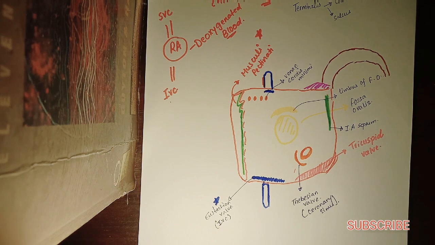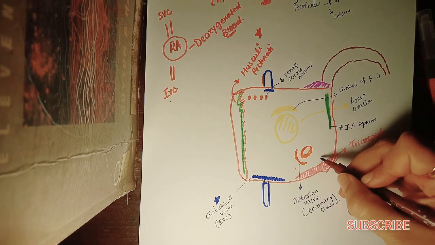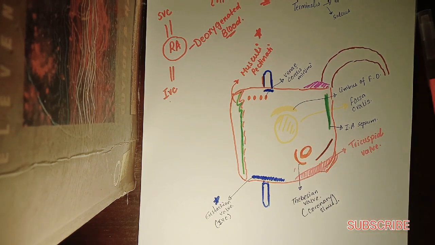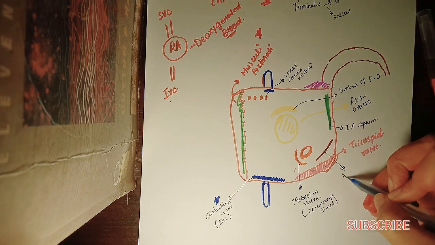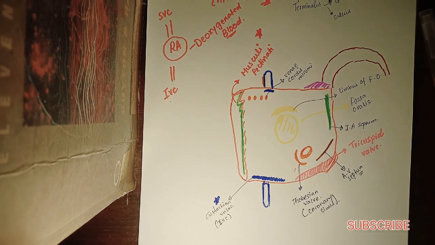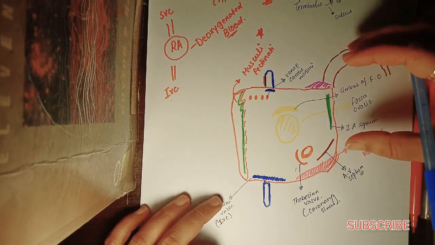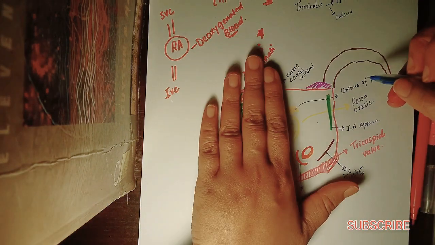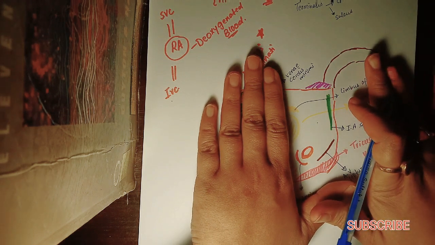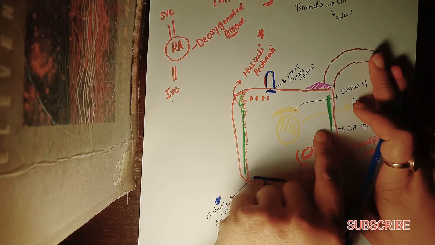The septum that divides atrium and ventricle is the atrioventricular septum. The right atrium is here, and the left atrium is located here, so somewhere here we draw the interatrial septum.